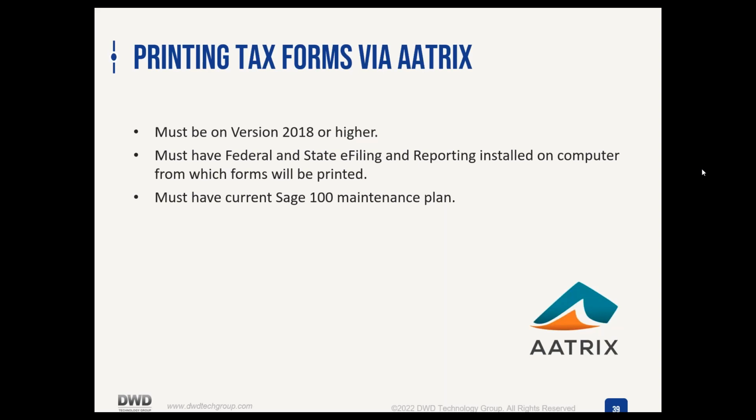And for those of you who may not be familiar, that is the same program that is used for the accounts payable 1099s. So if you install it, it's there if you're going to do payroll or if you're going to do 1099s or if you're going to do both. And in order to get that installed and get the proper updates, you must be current on your Sage support plan.